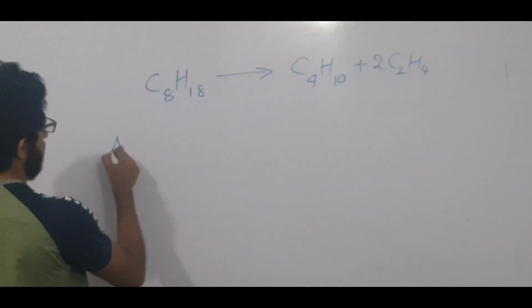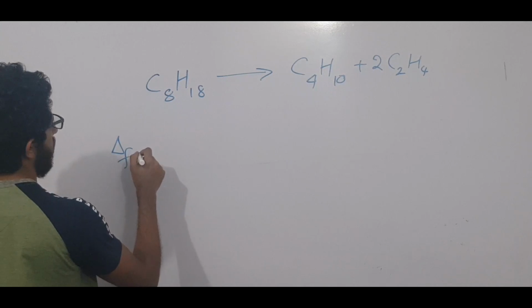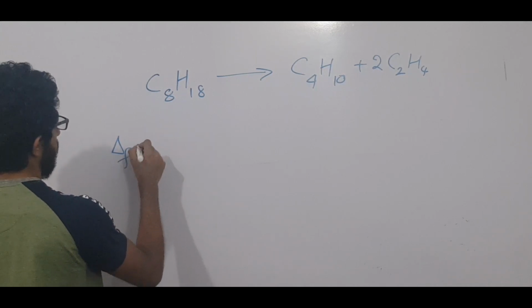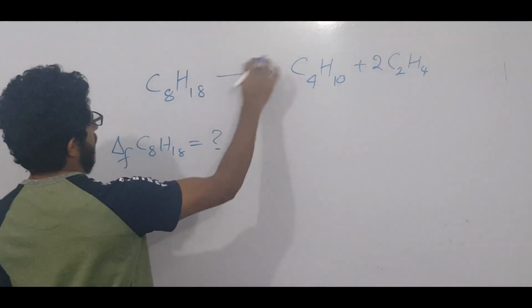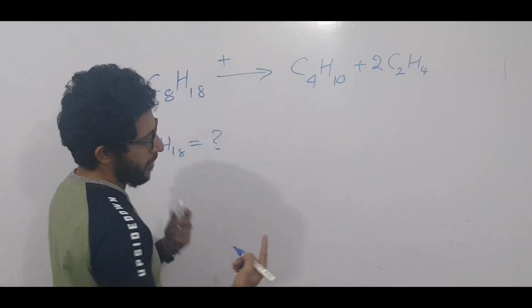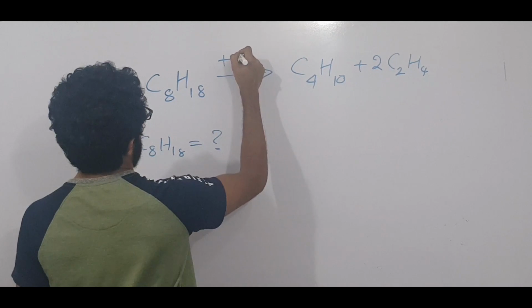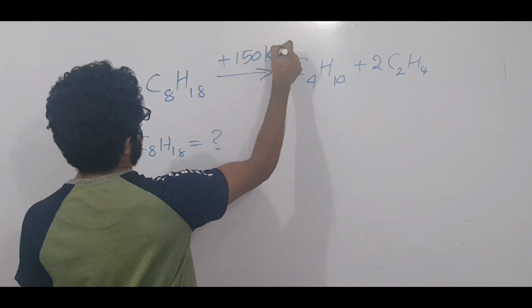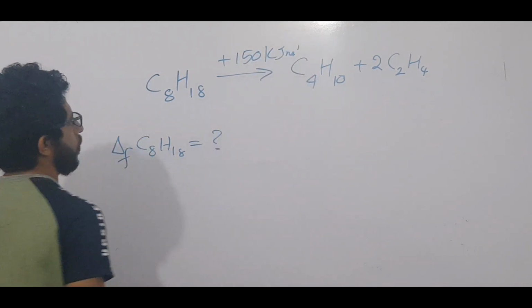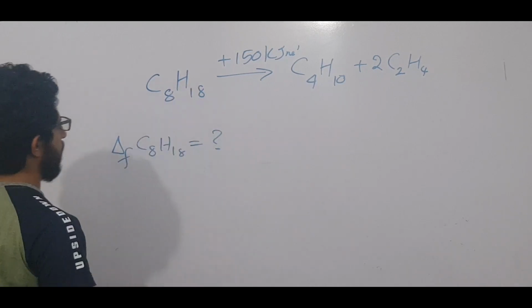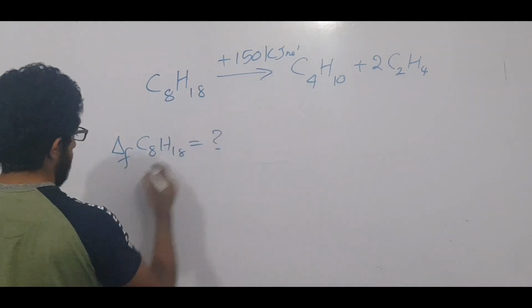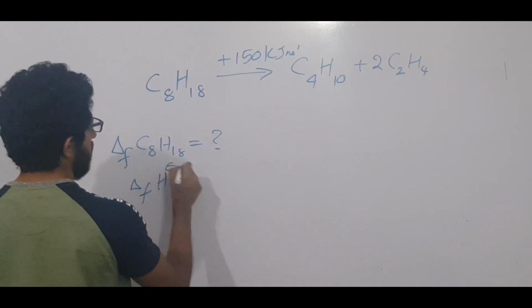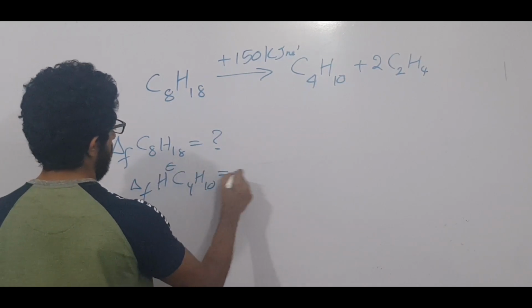So the formation enthalpy data is given. The formation enthalpy of C8H18 is the one they asked me to find, and I don't know the value. The enthalpy change of the reaction is given, equal to 150 kilojoule.